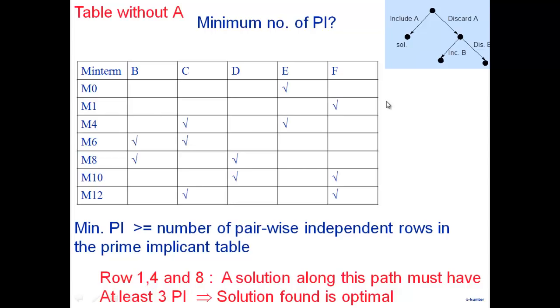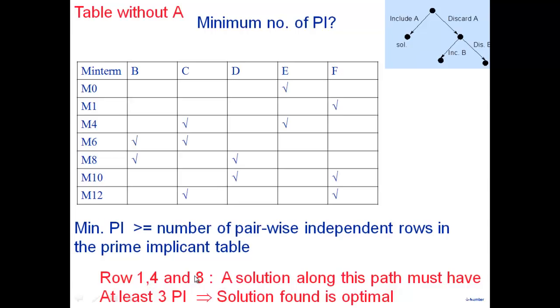So if I look at 1 is here, 4 is here. Pairwise independent, correct? Nothing common in between them. If I look at 4 and 0, these are not pairwise independent. 1, 4 and 8: 1 and 4 are independent, 1 and 8 are independent, 4 and 8 are independent.